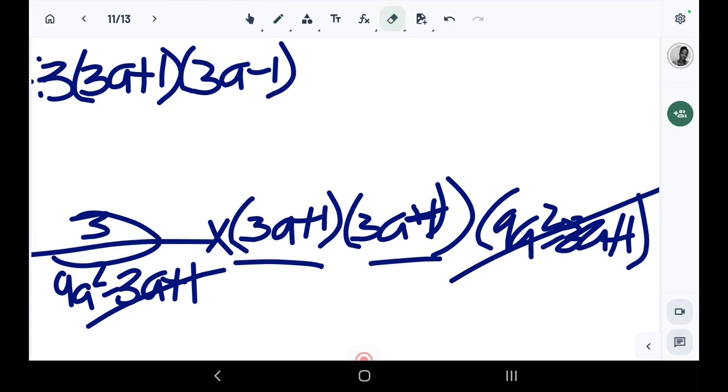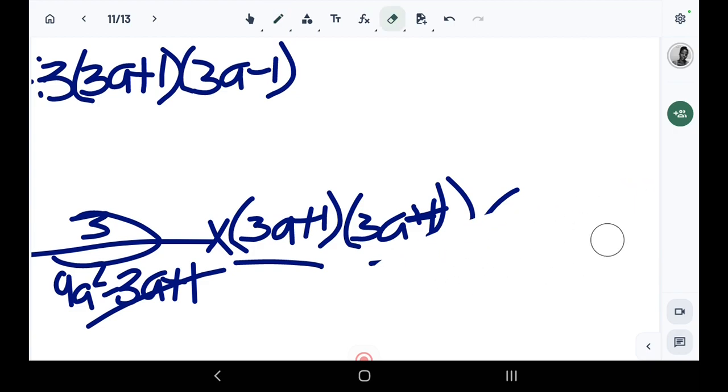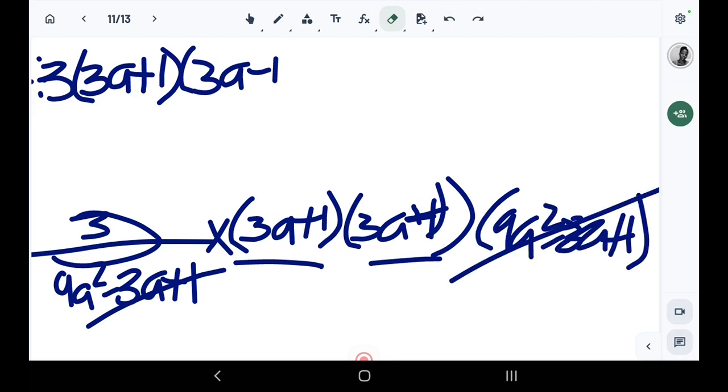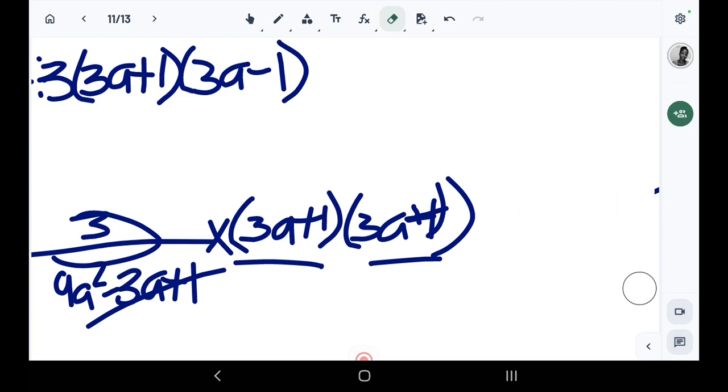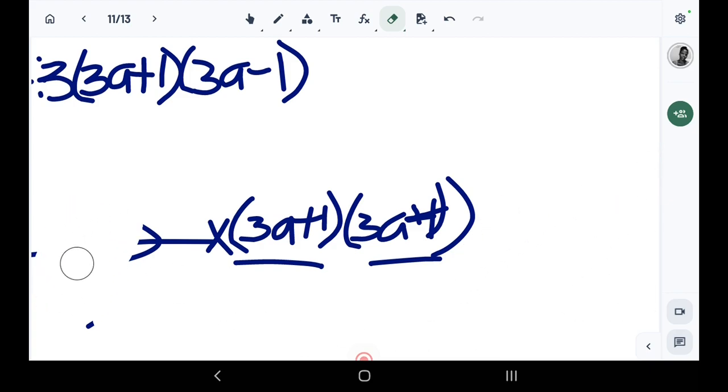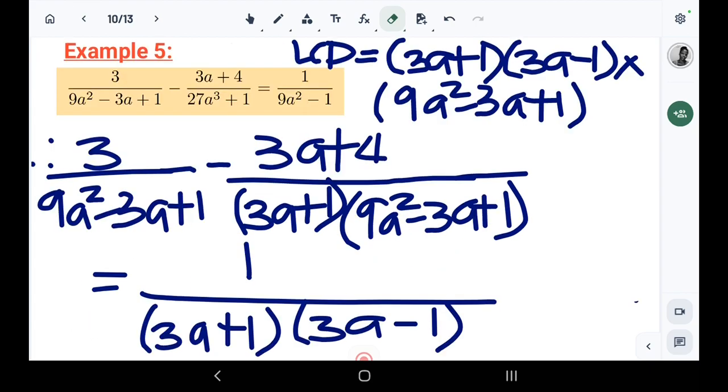Next one that will multiply by the 3a minus 1. Okay, all right, now we multiply the next fraction by the lowest common denominator. The next fraction is 3a plus 4 over 3a plus 1 and 9a squared minus 3a plus 1.